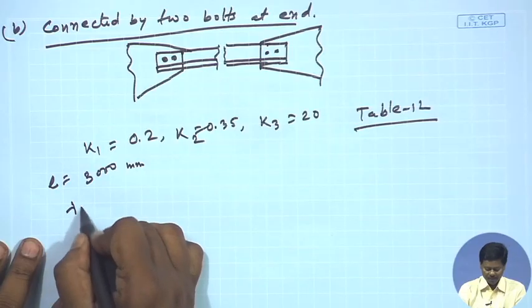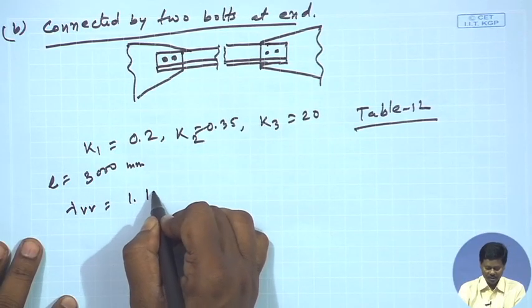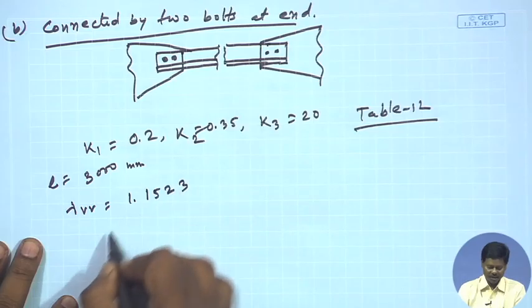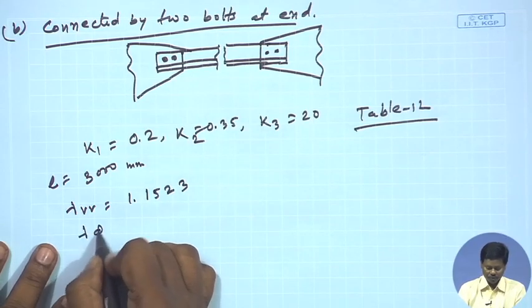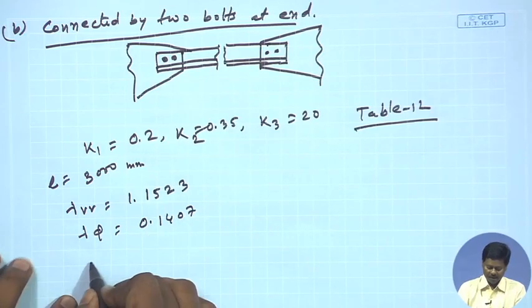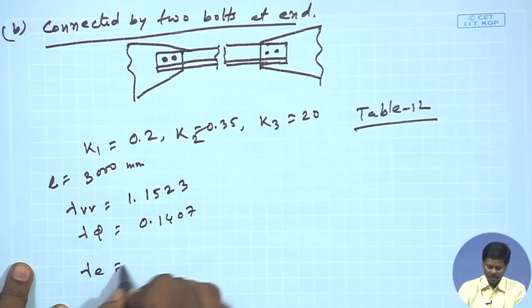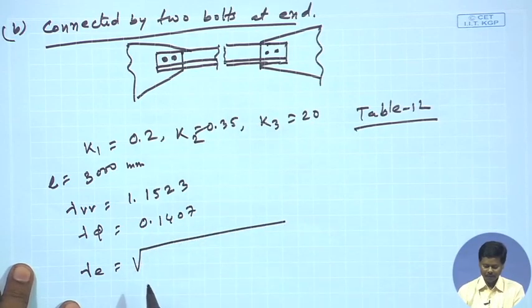So, lambda VV will be same like previous case what we have calculated, because here nothing is going to be changed. Lambda phi also will be same as calculated earlier. Now, lambda E will be different, because it depends on the value of K1, K2, K3. Okay.